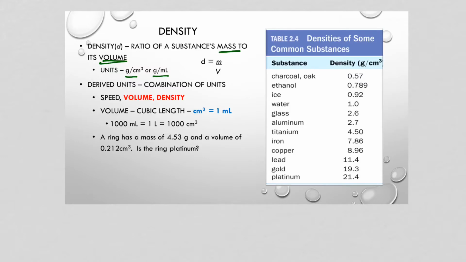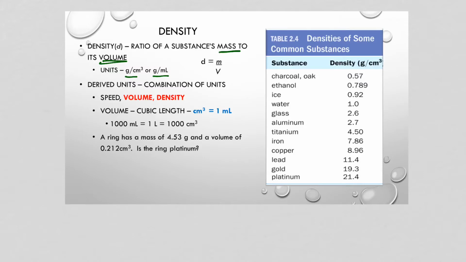Cubic centimeters and milliliters are two scales of volume that we use in chemistry, so we can interchange these as a standard. Cubic centimeters are often used for solids, whereas milliliters are used for liquids. But you'll see both of these units when we talk about the volume of a substance.